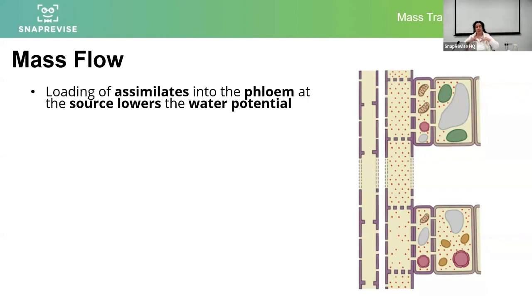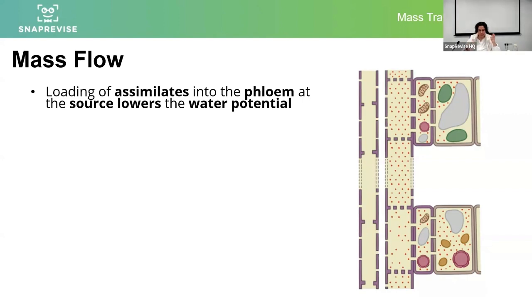Mass flow is a much broader process that involves both the phloem and the xylem together, and it's a theory or process that was described by scientists relatively recently.